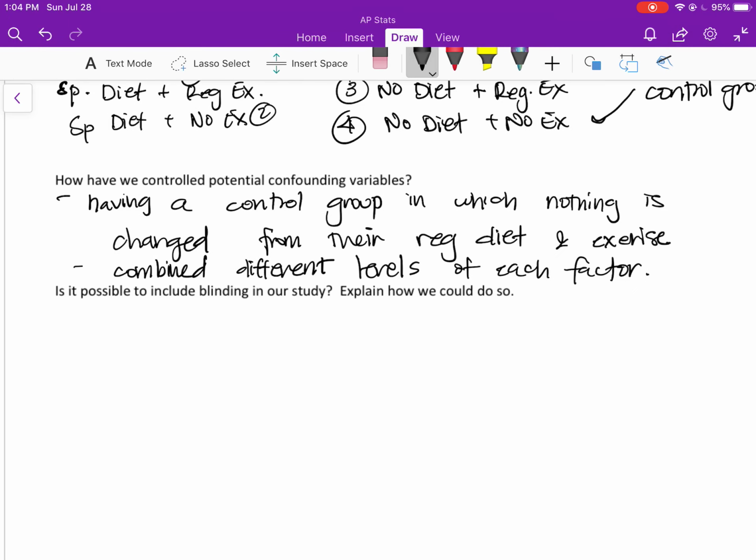Is it possible to include blinding in our study? Explain how we could do so. Yes.